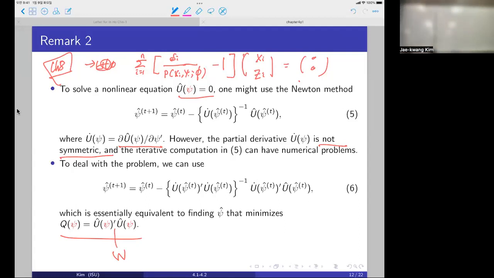But GMM is actually considered more suitable for the over-identified situation, where you have more equations than parameters. Then you can gain some efficiency. So if it's just identified, then the minimum of the Q function will be 0, right? But if it's over-identified, then the minimum is greater than 0.